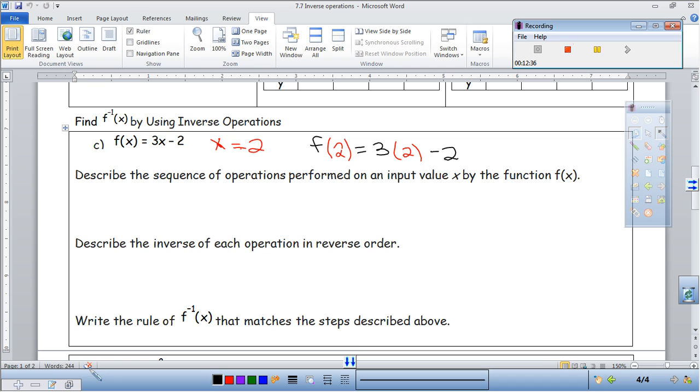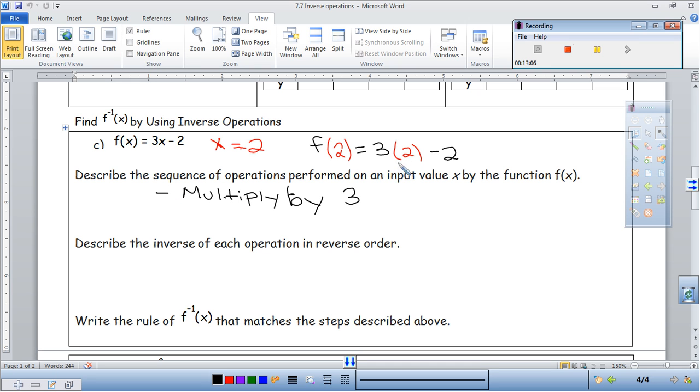If I were to solve this, what is the first thing I'm going to do? Class, what am I going to do? Multiply, okay? So describe the sequence of events. I'm going to multiply my number by 3. Does that make sense?